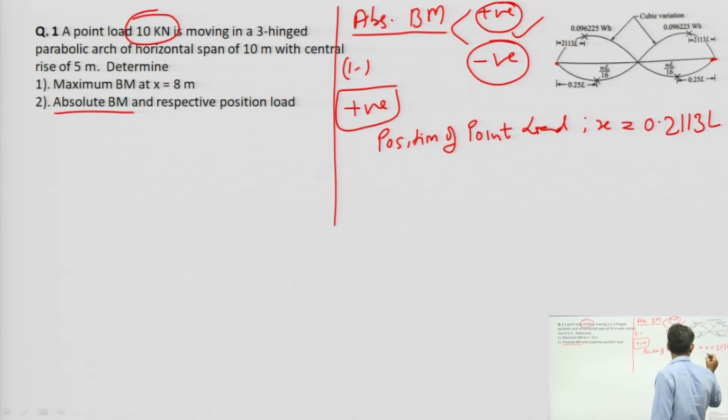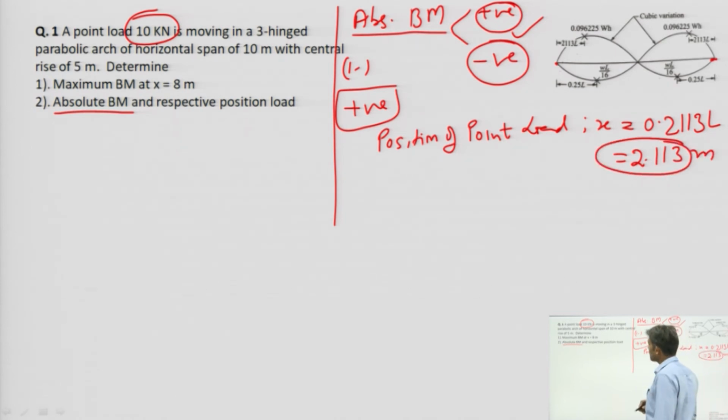This is the position. Put the value of L as 10, so it is 2.113 meter. So when the point load is at this section, 2.113 meter, then we will get maximum positive bending moment.